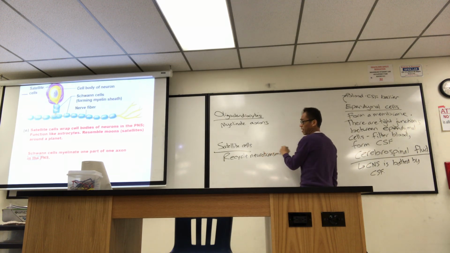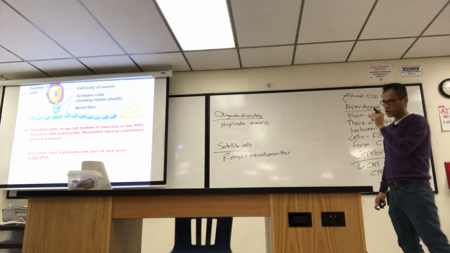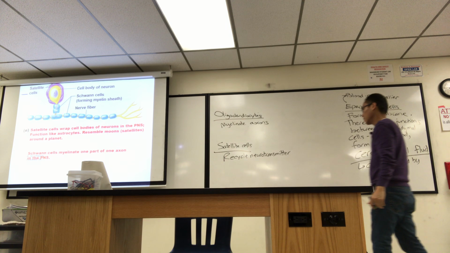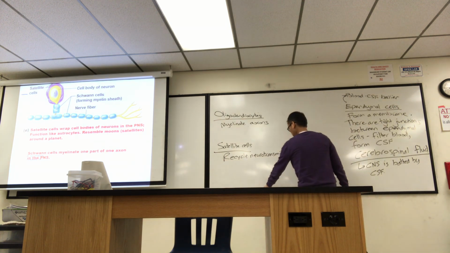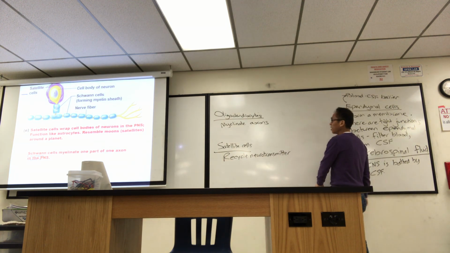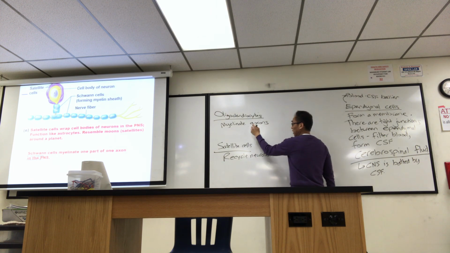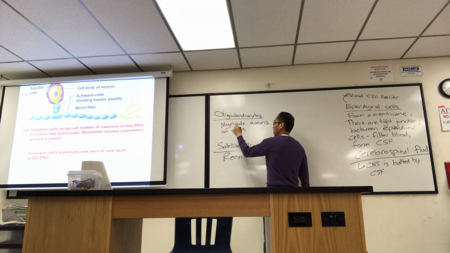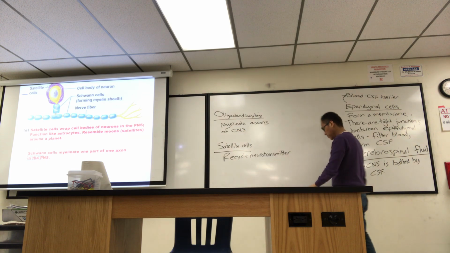And then you have the Schwann cells that myelinate the axons of the PNS. So the oligodendrocytes myelinate axons of the CNS, and it's the Schwann cells that myelinate axons of the PNS.